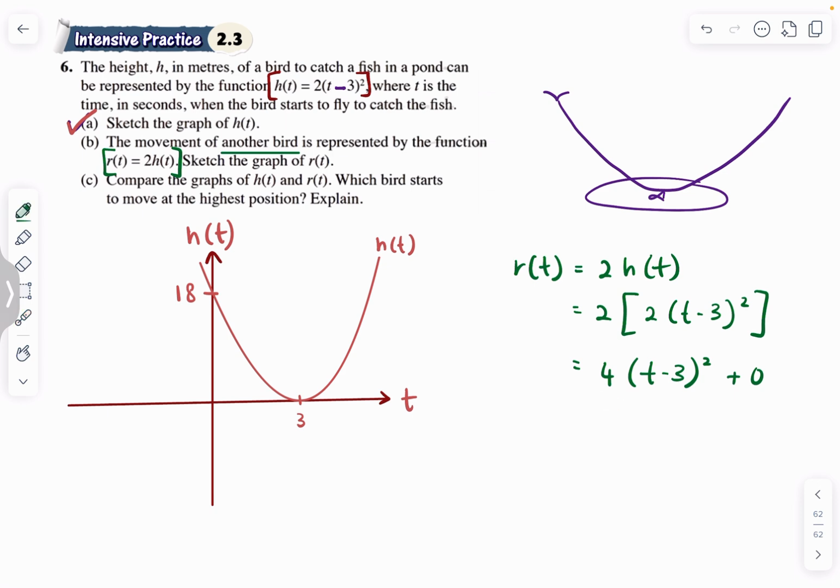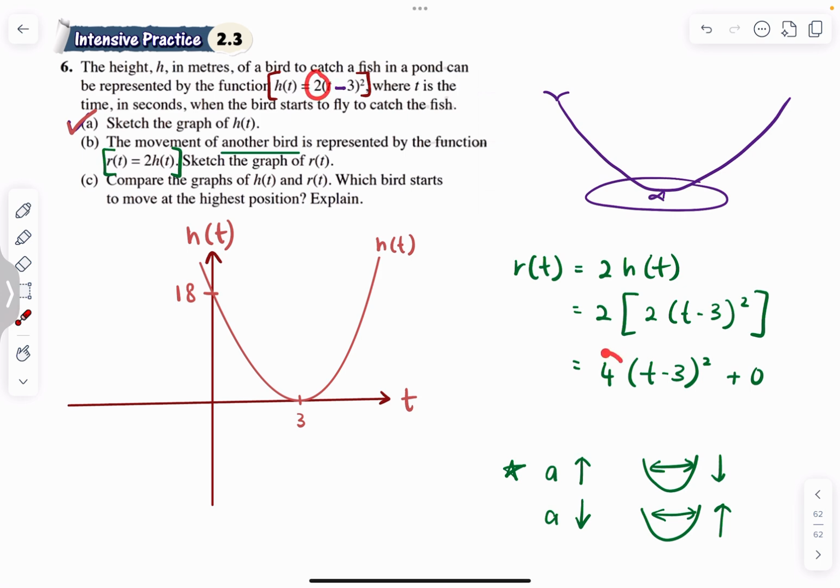Okay, so when a becomes bigger, the width of the graph will become smaller. This one we've already discussed in one of the previous questions. I'll link the question in the description below. If a becomes smaller, the width of the graph will become bigger. So in this case, our a was initially 2, now our a is 4.